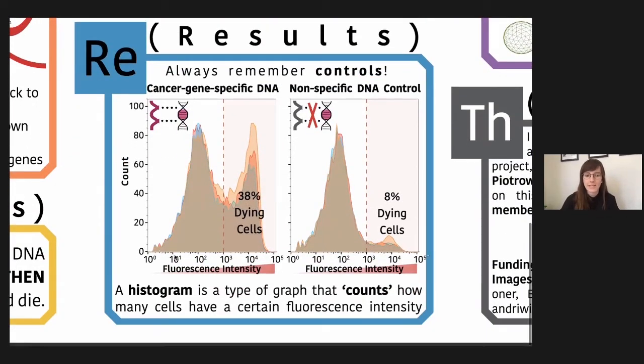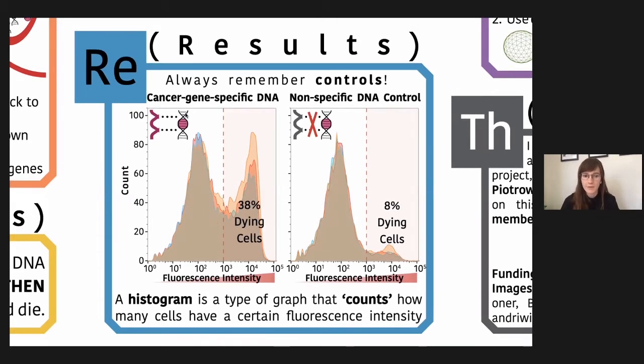So along this x-axis, as you move from left to right, over on this end will be more light, meaning sicker cells, or as I labeled here, dying cells. Whereas far over on this end would be healthier cells. So this whole big gray lump here is a count of how many cells are sick or dying, and this whole lump over here is a count of how many cells are still healthy.